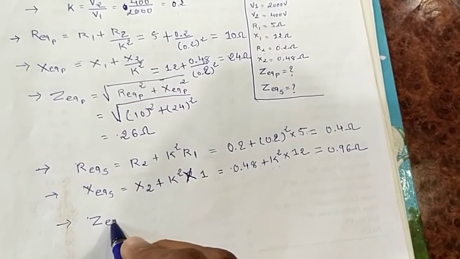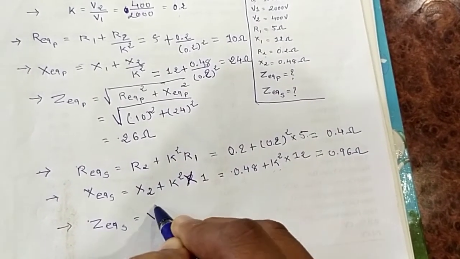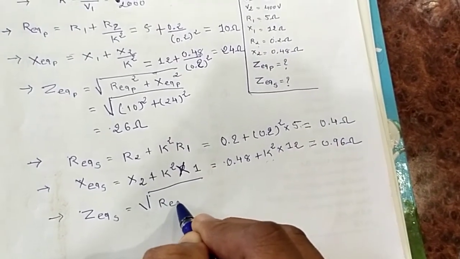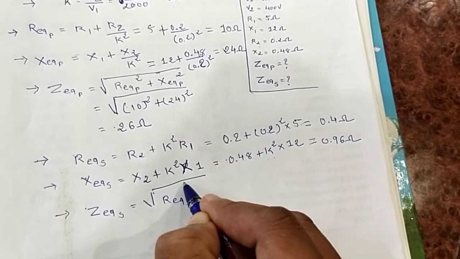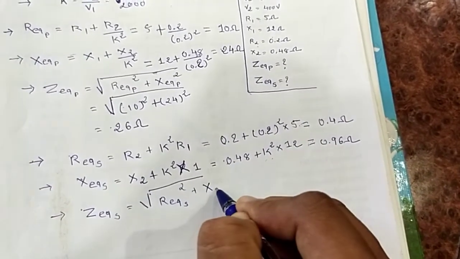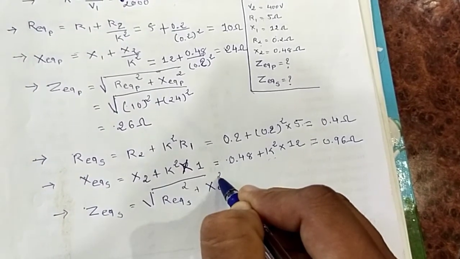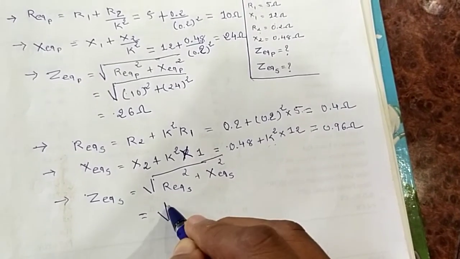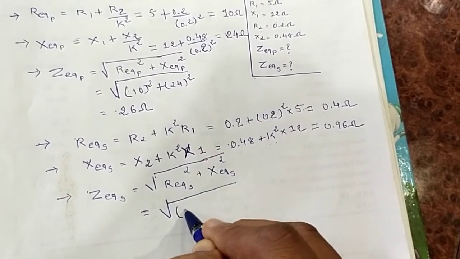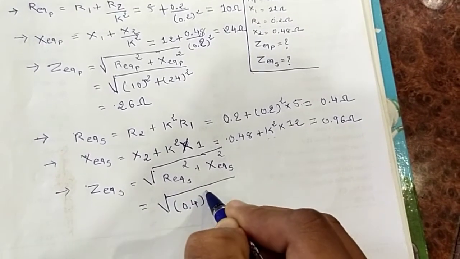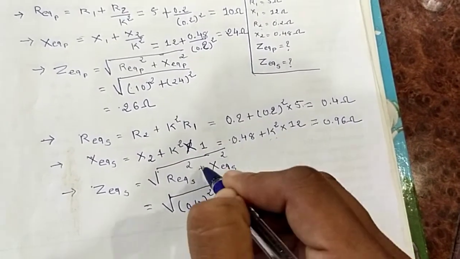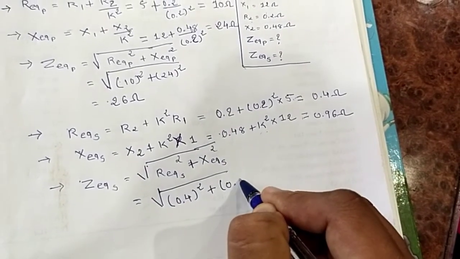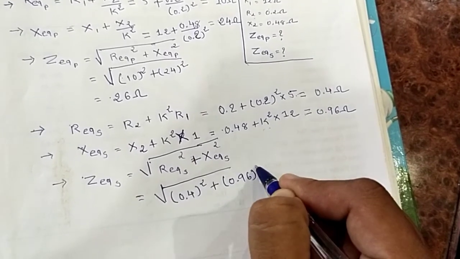Z equivalent of secondary is equal to under root of R equivalent of secondary whole square plus X equivalent of secondary whole square, under root of 0.4 whole square plus 0.96 whole square.